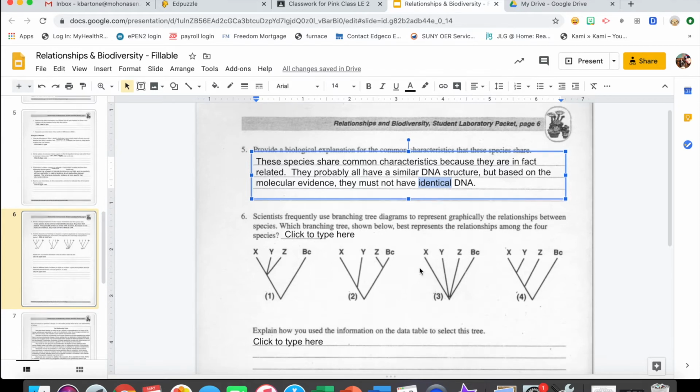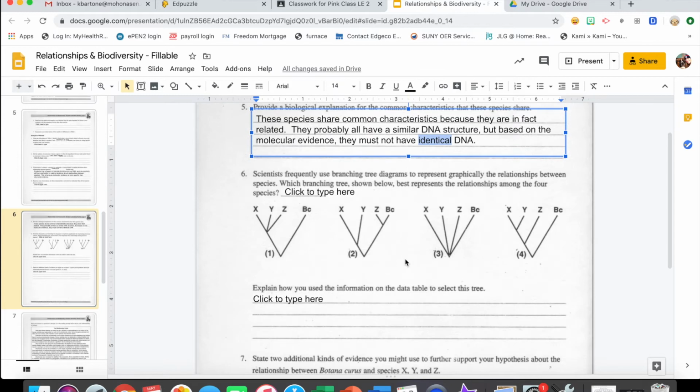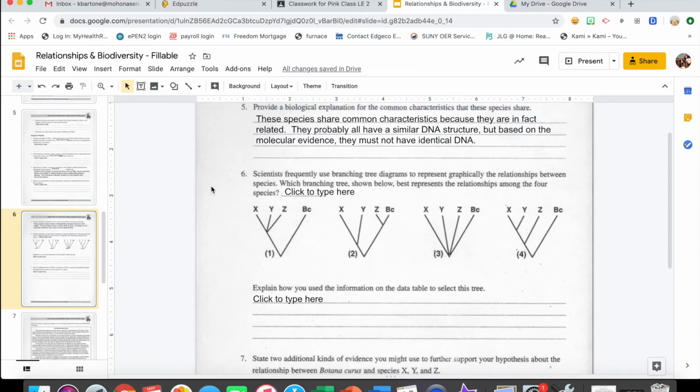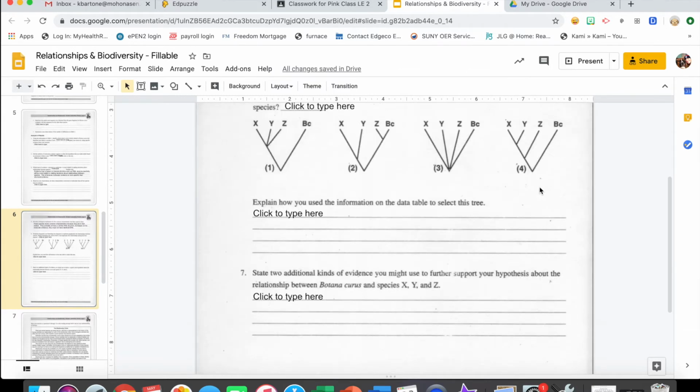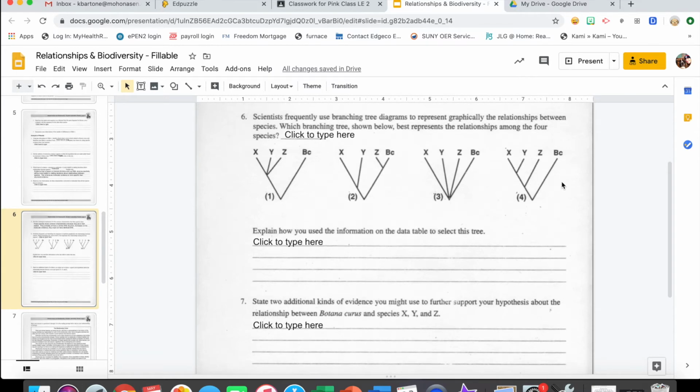The next one says, scientists frequently use branching tree diagrams to represent graphically the relationship between species. Which branching tree shown below best represents the relationship among the 4 species?